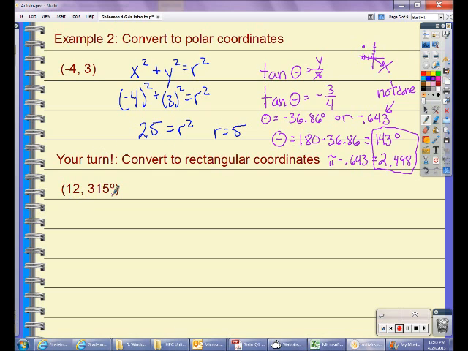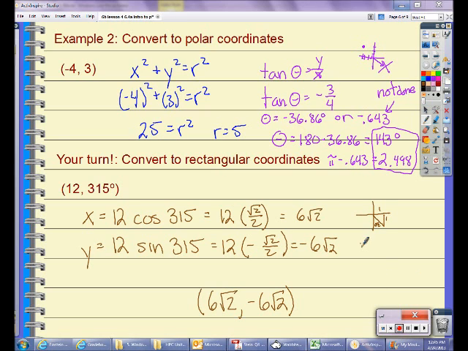Now, your turn. Convert these polar coordinates into rectangular coordinates. Pause it and try it on your own. Are you back? All right, let's see if you got it right. Ta-da!